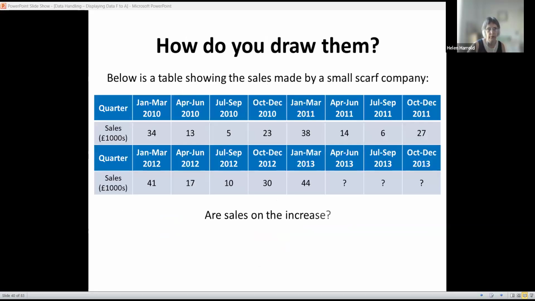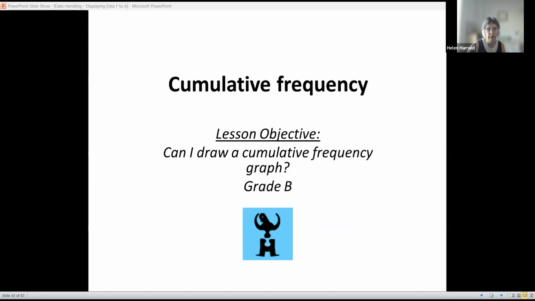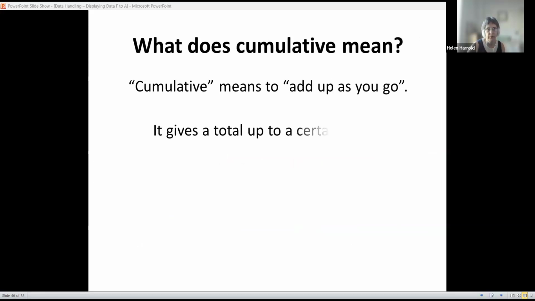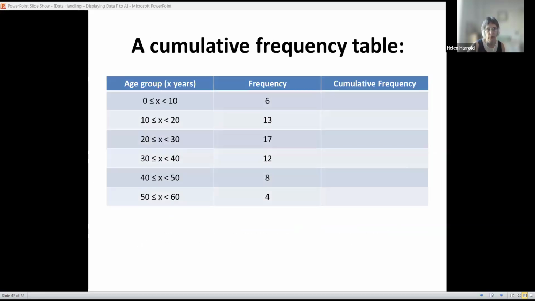Right. I'm not going to do this because I don't think you need this for cumulative frequency. This is more a higher level thing. So Andy, I know you've done this recently, do you want to do that? Fill in the cumulative frequency, how you do that?